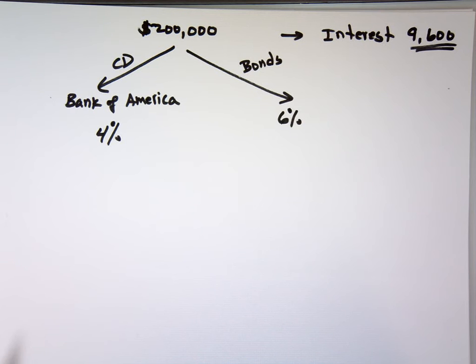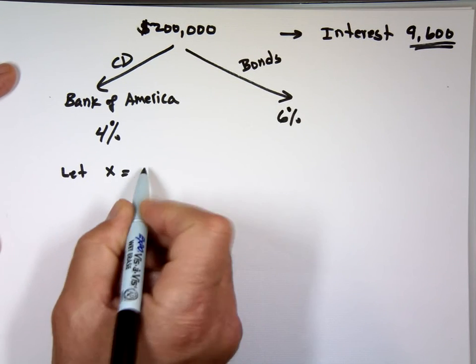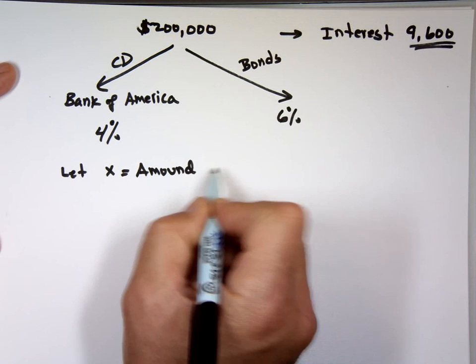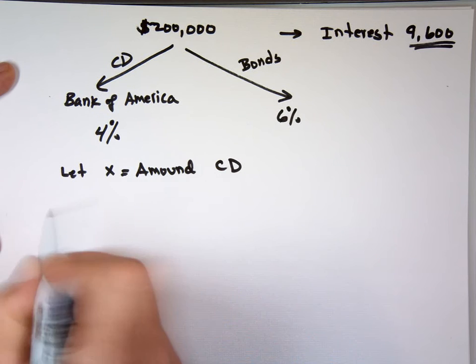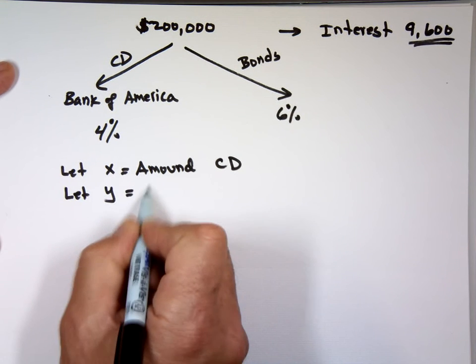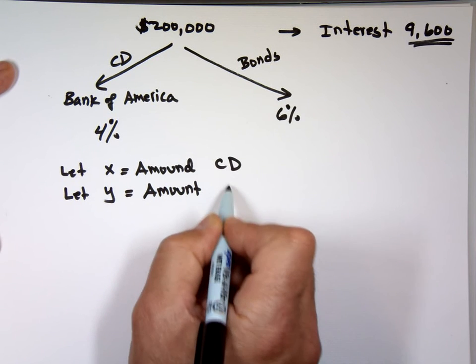I can let X equal the amount of money we put in CD, and I can let Y equal the amount of money we put in bonds.